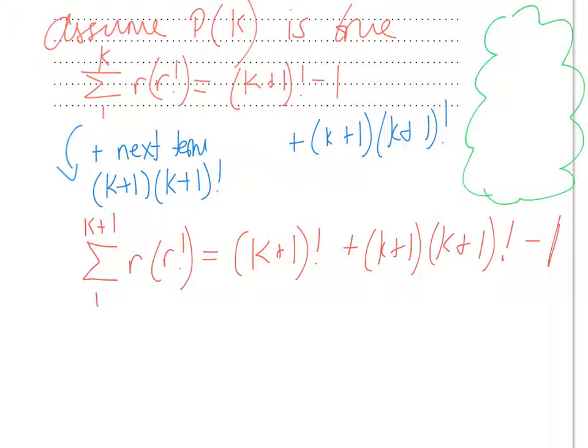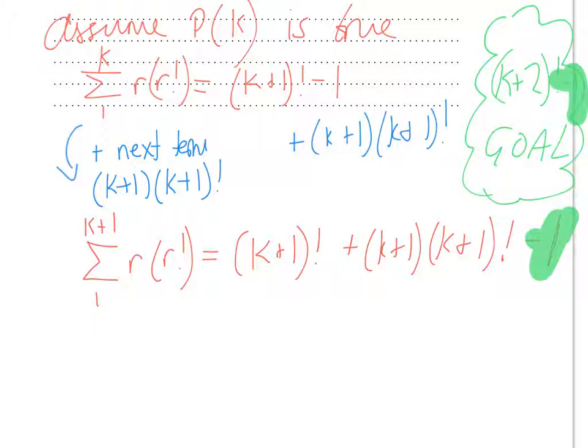What are we trying to get to? Instead of getting to k plus 1 factorial minus 1, I'm now trying to get to k plus 2 factorial minus 1. This is my goal. Which is why I've left this minus 1 at the end, because that's already part of my goal. And so I don't need to do any more rearranging.